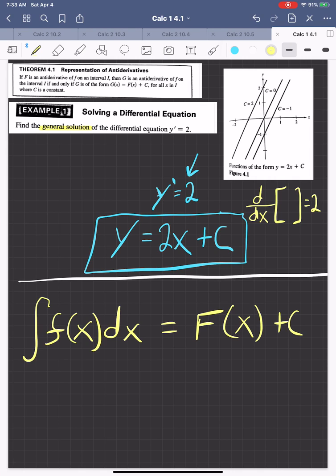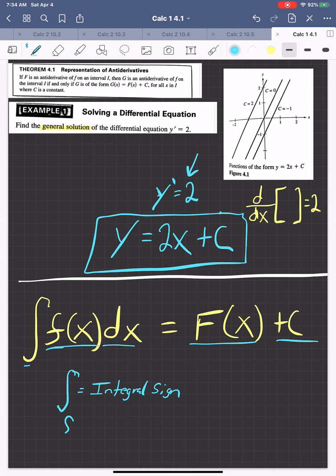And all I'm going to do right now is just give each part a name. This elongated s is our integral sign. And it does mean sum, as in adding, but we'll come back to that later.